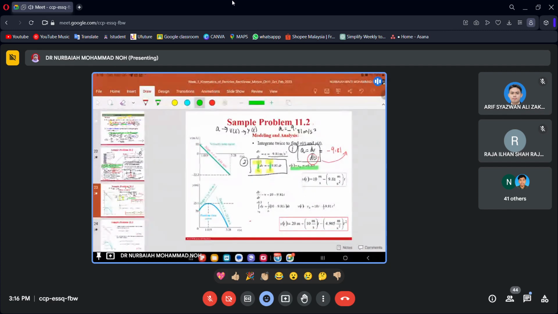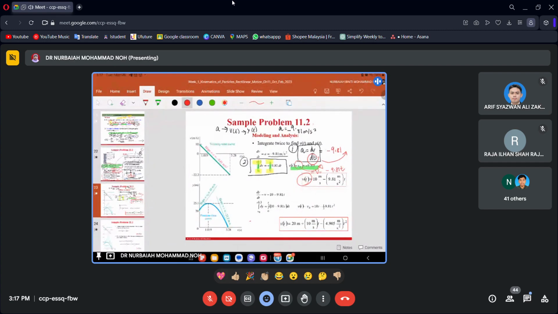Then we rearrange it again until we can express v as a function of t. We want v as a function of t, so we have to bring negative v0 to the right-hand side, which becomes v(t) is equal to v0 minus 9.81t.